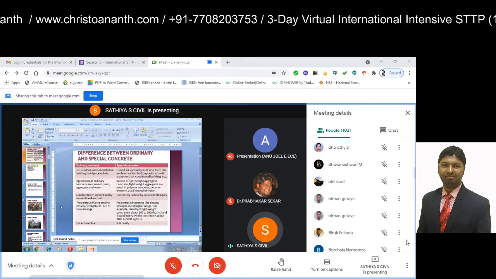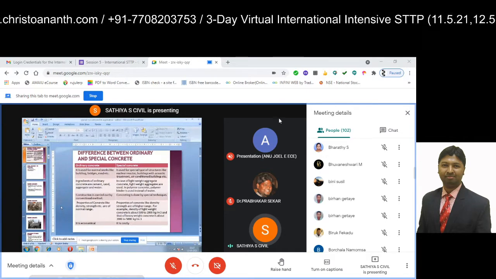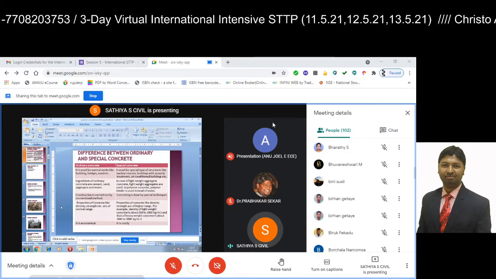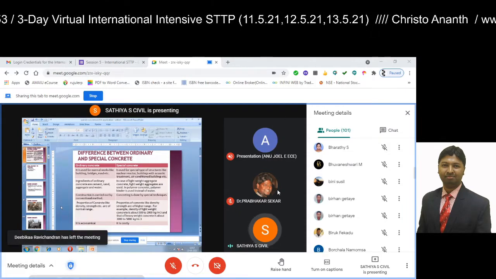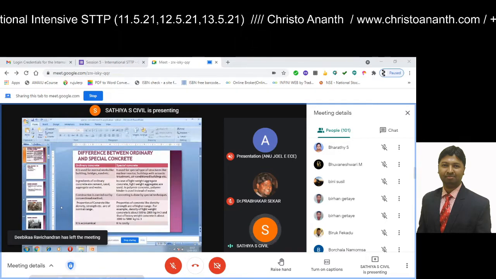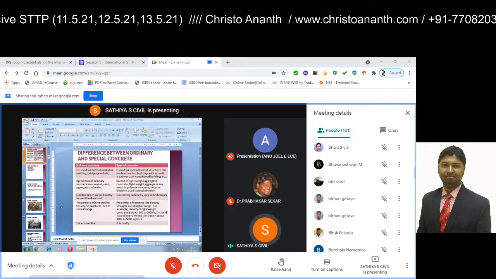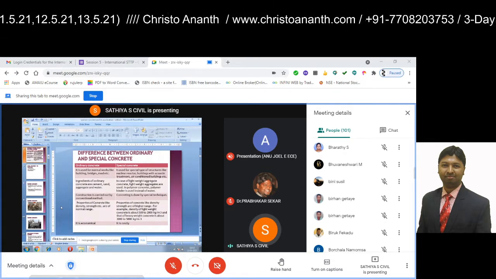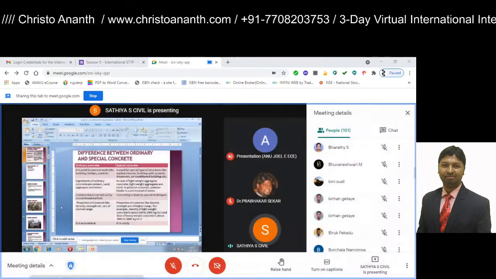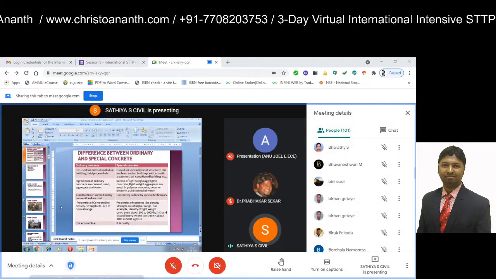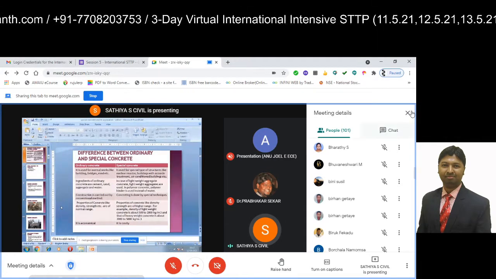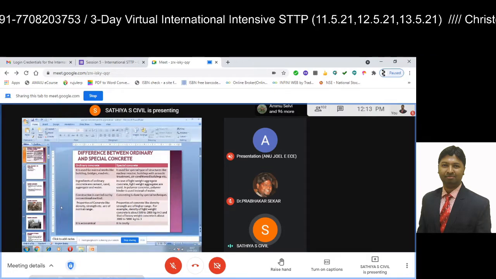Then we should note the difference between ordinary concrete and special concrete. Ordinary concrete is used for normal works like the construction of buildings, bridges, roads, etc. Special concrete is used for special types of structures like nuclear reactors, buildings with acoustic treatment, air-conditioned buildings, etc. The ingredients for ordinary concrete are cement, sand, aggregate, and water.